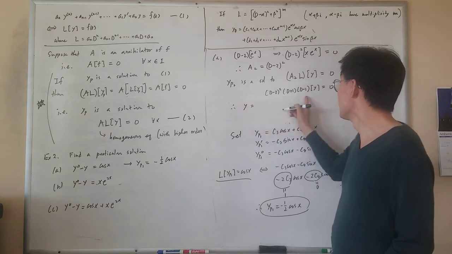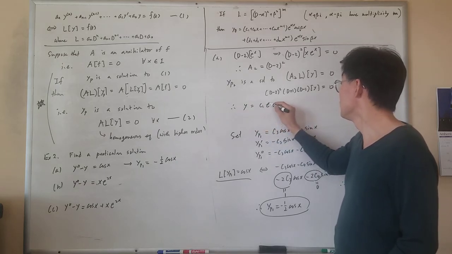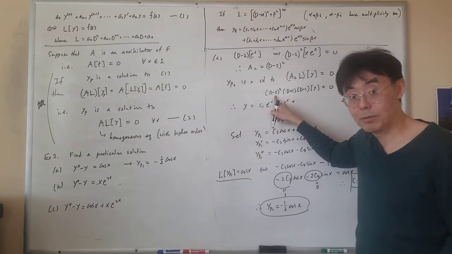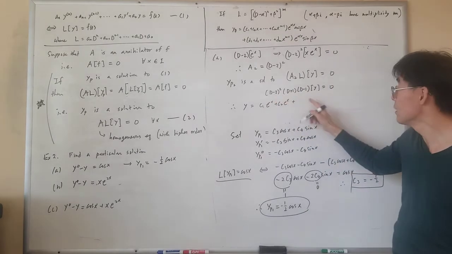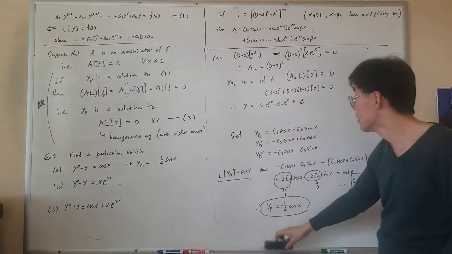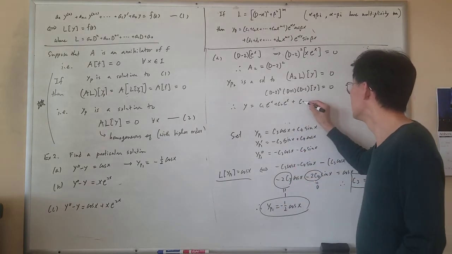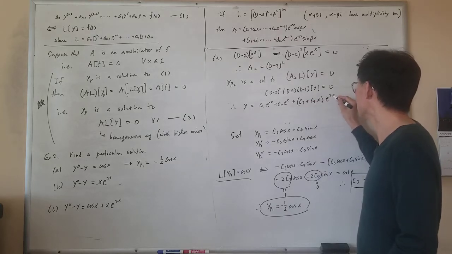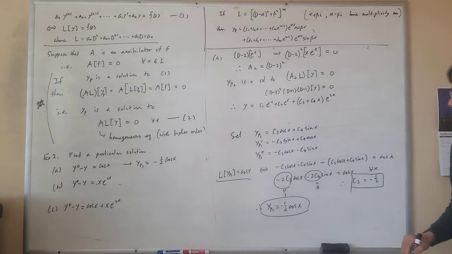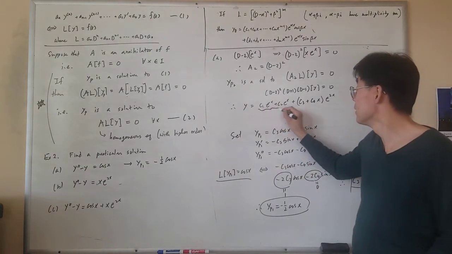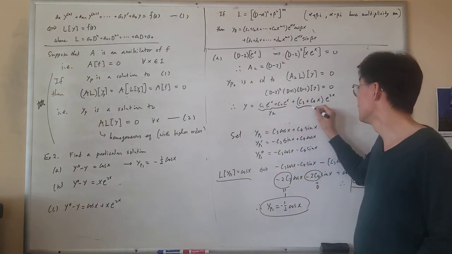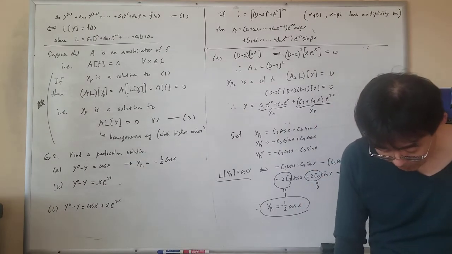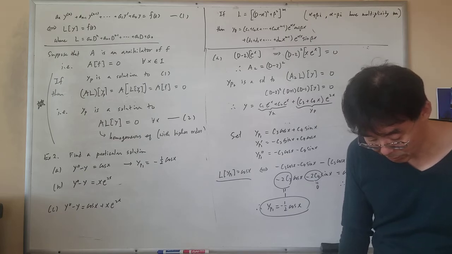So y will be, again, c1 e to the minus x plus c2 e to the positive x plus, now, you get c3 plus c4 x times e to the 2x from the multiplicity 2. Again, the first part is the homogeneous solution. This must be our particular solution.